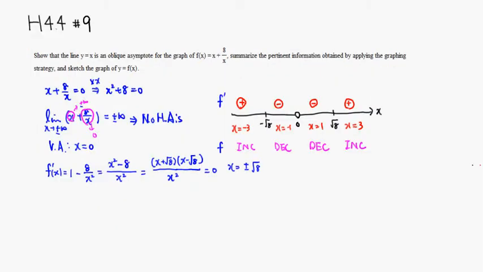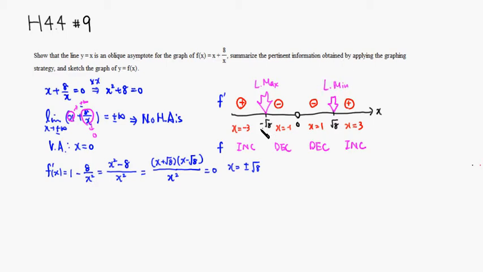Here it's increasing turned into decreasing, so you have the local maximum here, and at this point it's not defined, so we don't have that, but here we know that it's decreasing into increasing, so local minimum.